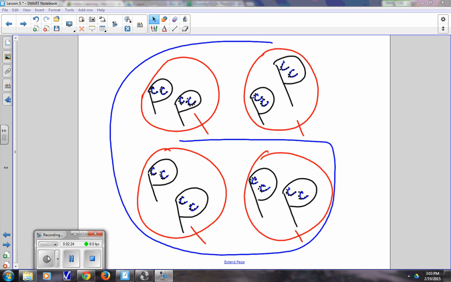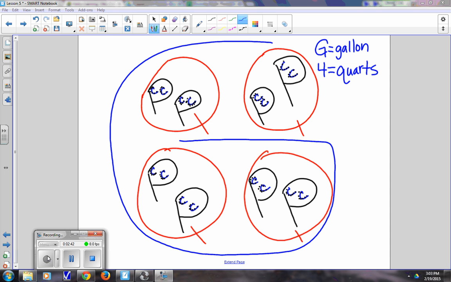The moral of the story here is in the kingdom of Gallon, there are 4 quarts equal a gallon.